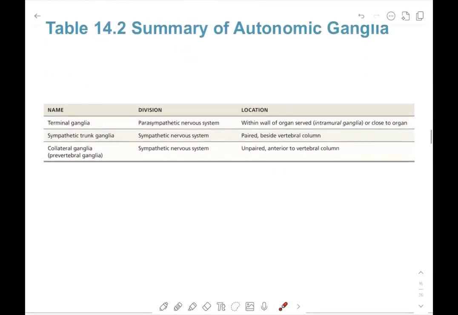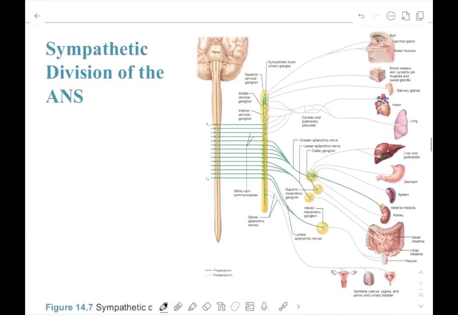So this is our summary slide of the autonomic ganglia. So remember, terminal ganglia would be in the parasympathetic division. The sympathetic trunk ganglia would be the sympathetic. And if it's terminal ganglia, it means it's within the wall of the organ, and beside the vertebral column if it's the sympathetic nervous system. And you don't need to know about the collateral ganglia.